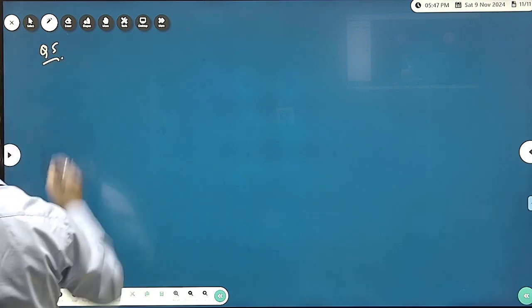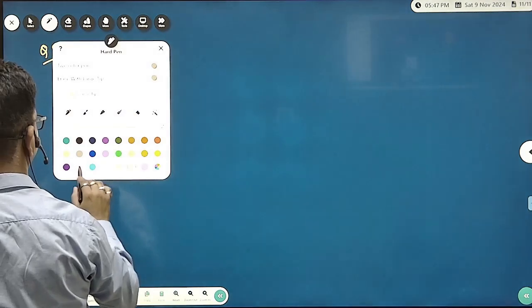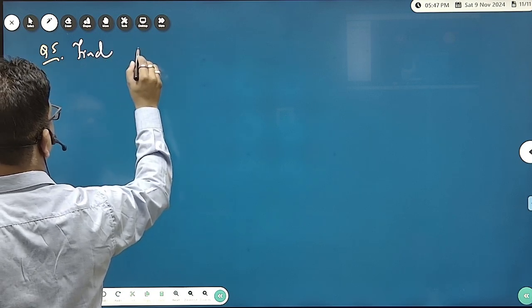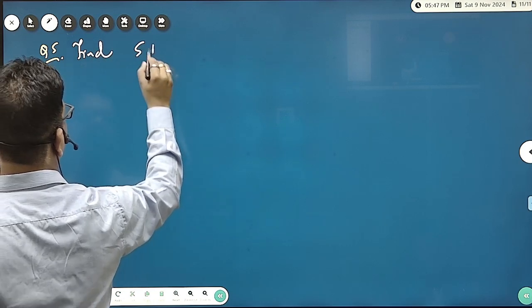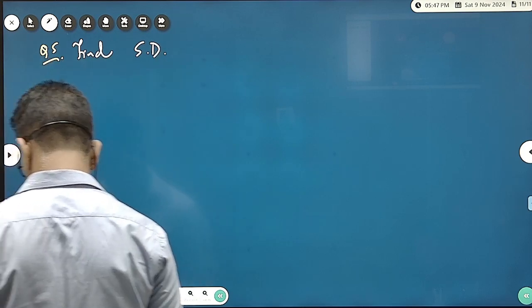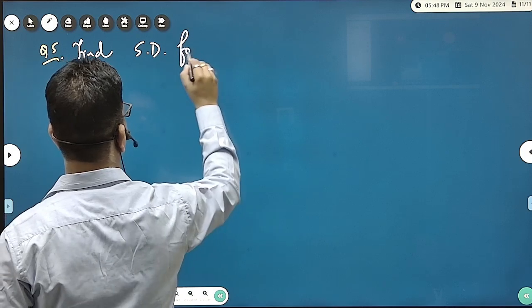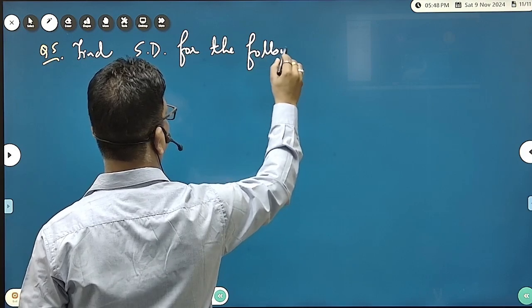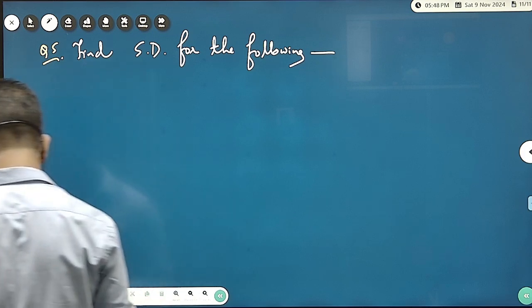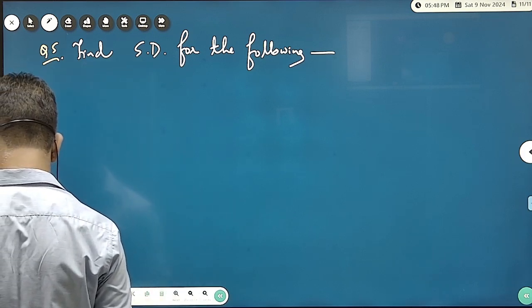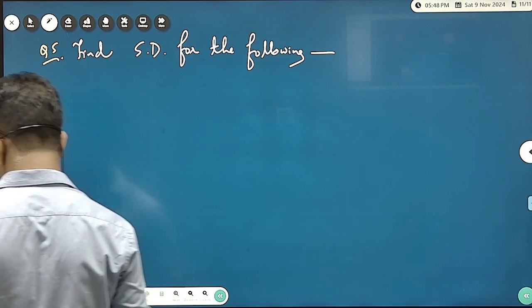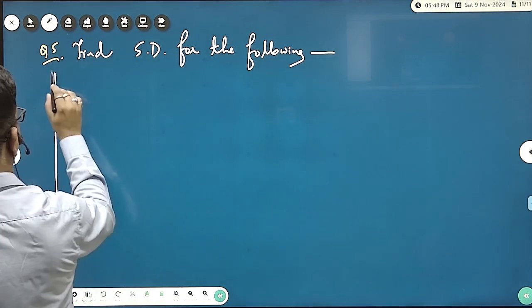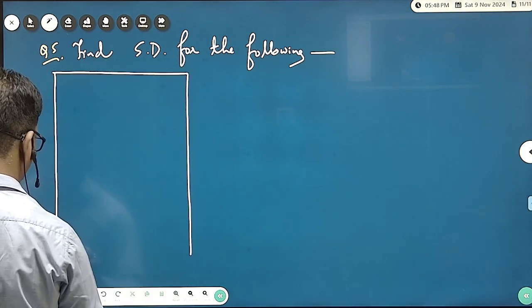I think this is number 5. Find the SD for the following. I'm taking an easy and short number so that you can complete it with no error.